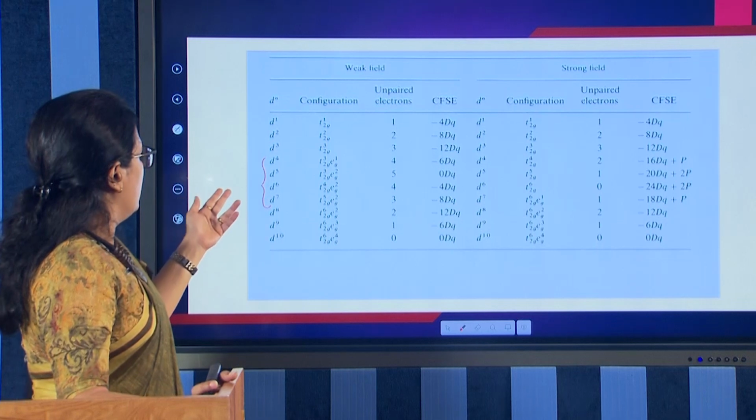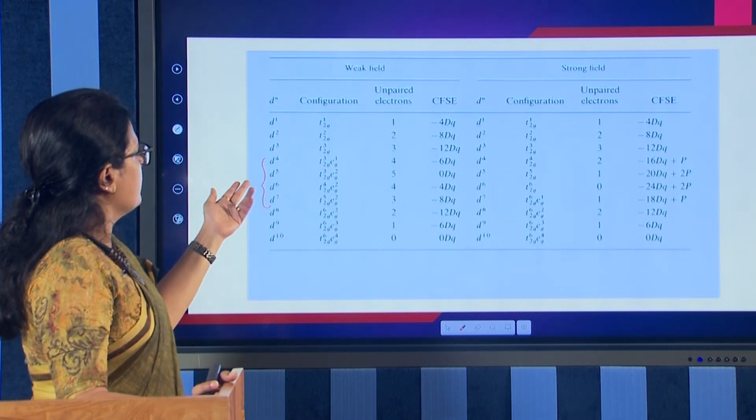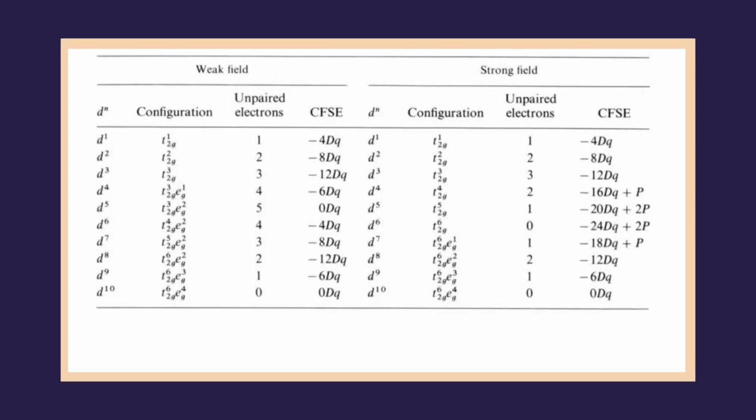Now, in the case of the D5 system, two cases also arise, weak field and strong field. For the weak field case, we have the maximum unpaired electrons, that is 5, all the electrons are unpaired, and you have a CFSE value of 0 dQ.